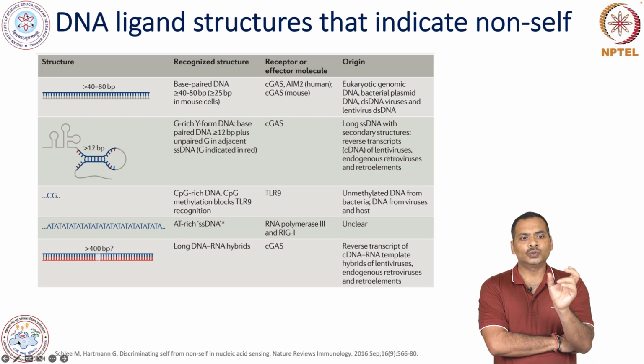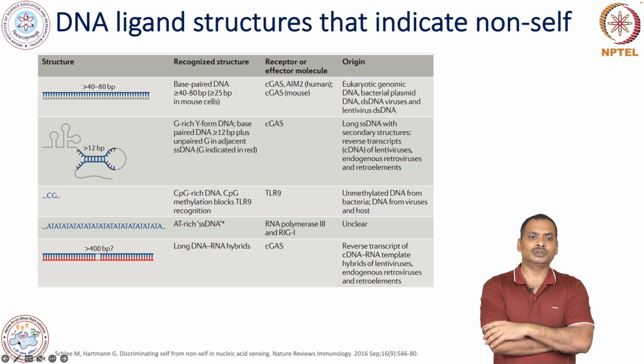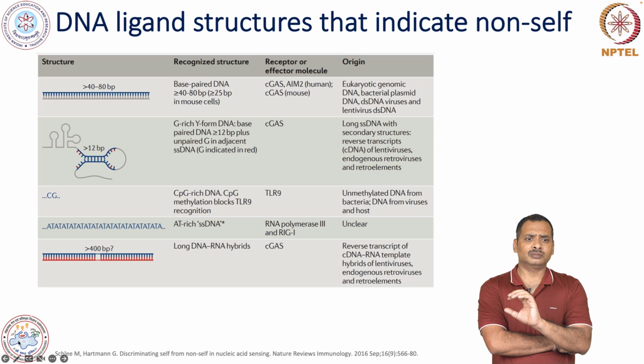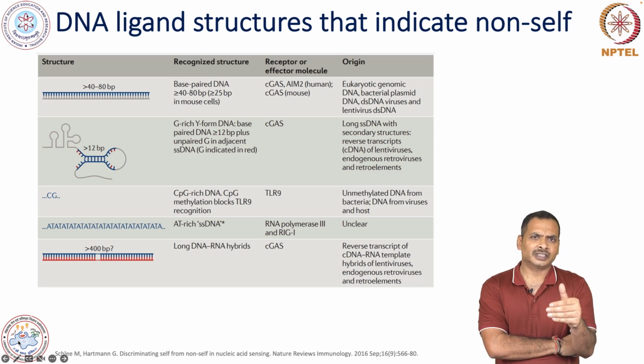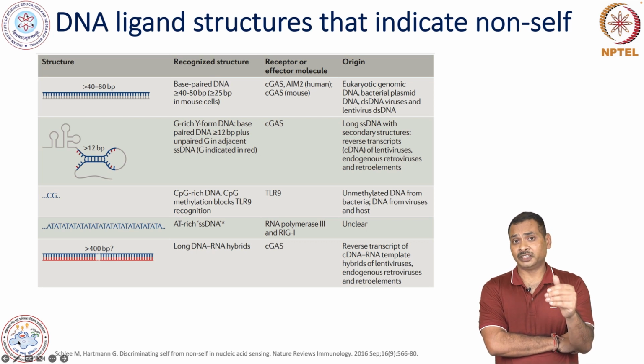More than 400 base pairs can also be sensed, which is basically a long DNA-RNA hybrid, as in the case of HIV infection.